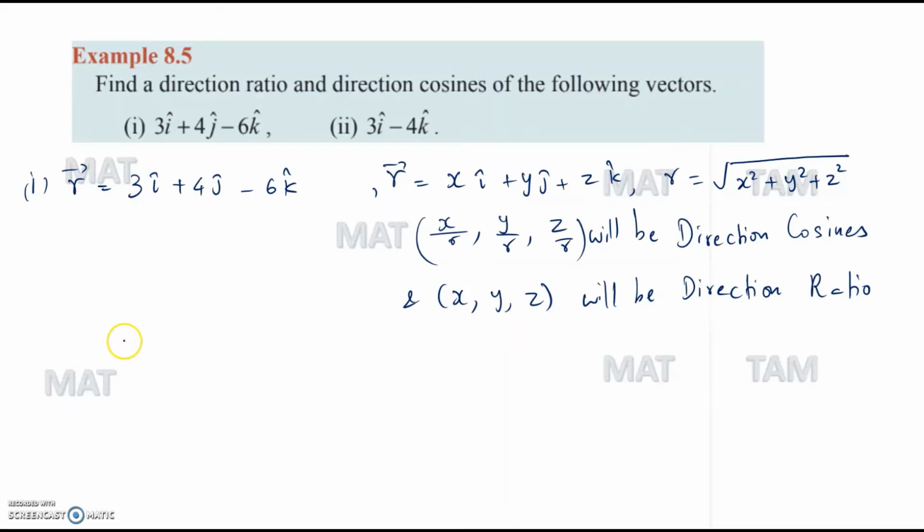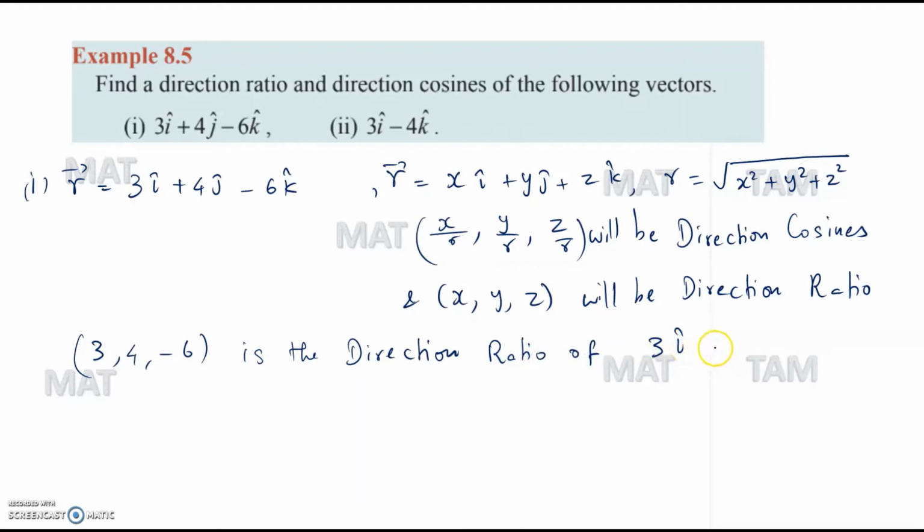So here, substituting the values of x, y and z, we can say that 3, 4, minus 6 is the direction ratio of 3i cap plus 4j cap minus 6k cap.